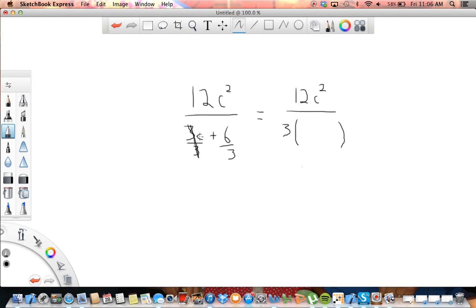And that's going to leave me with a c left over right there in that first position. Bring the plus sign over. And now this next number is 6 divided by 3, which is 2. So we have successfully factored the denominator in this problem. We are not done yet, though. We now still have to try and simplify this as far as possible.